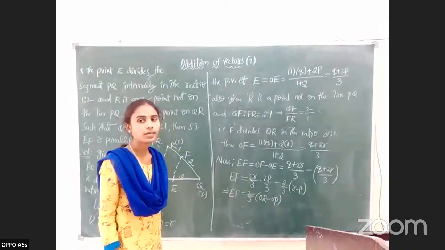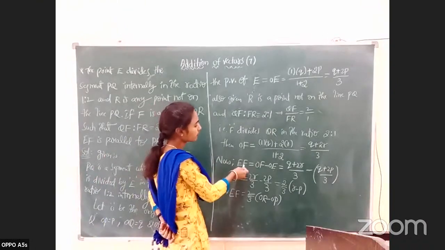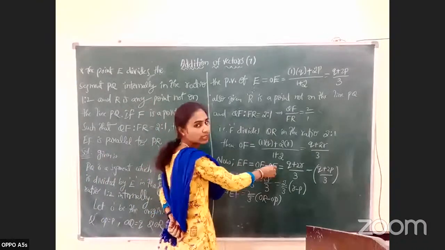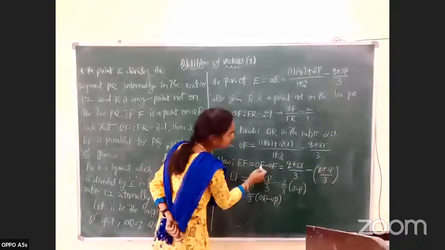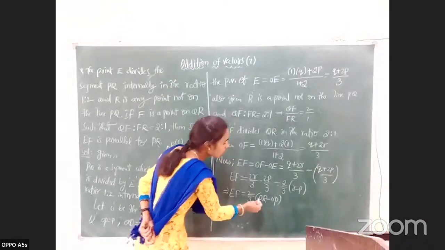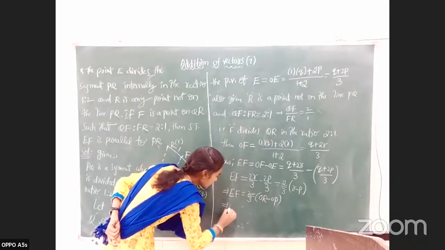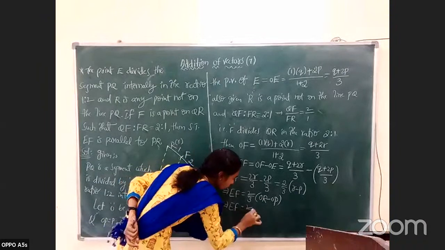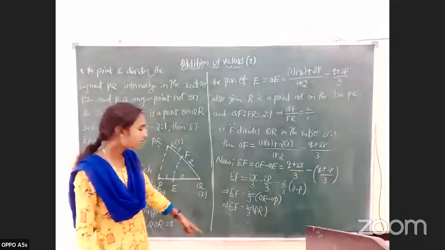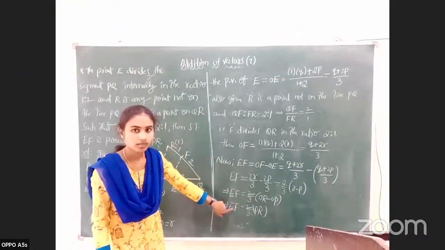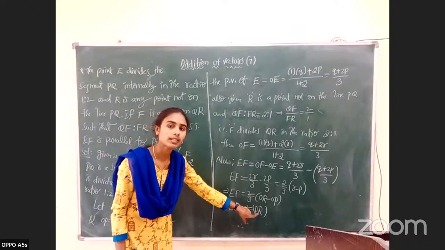OR minus OP is nothing but what? PR. Because EF is equal to OF minus OE, similarly OR minus OP will become PR. Means EF is equal to 2 by 3 PR. What do we get here? One vector, EF, is the scalar multiple of another vector.